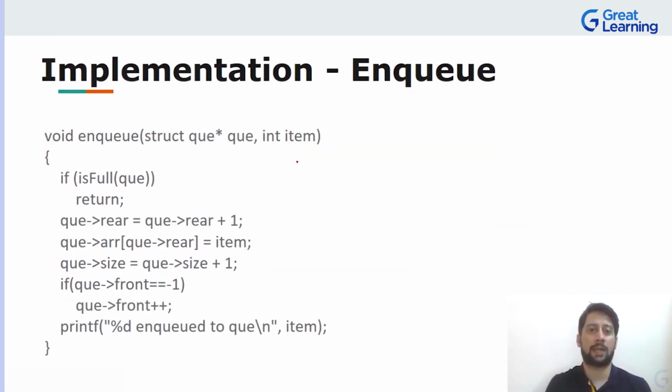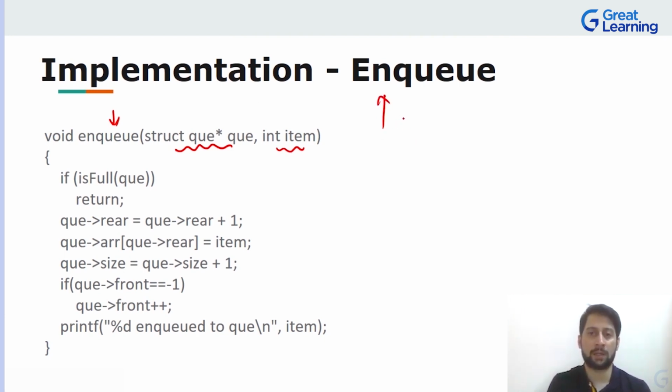Now let's try to understand the implementation of the enqueue operation in a queue using arrays. So this is the enqueue function that we have over here, and in this we have passed in the array and the item that we want to insert. Before we move on to this, let's try to understand what the enqueue operation is.